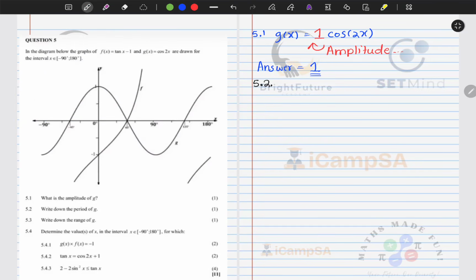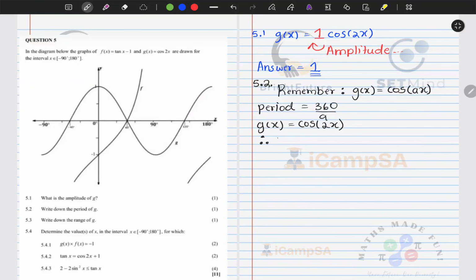So in 5.2 we are required to write the period of G. Okay, so what I need you to remember is the following, which is that if ever you have a trig ratio, let's say you have cos of ax, how we find our period is affected by the a. So your period becomes 360 divided by a, okay, of which in our case, our g of x is cos of 2x.